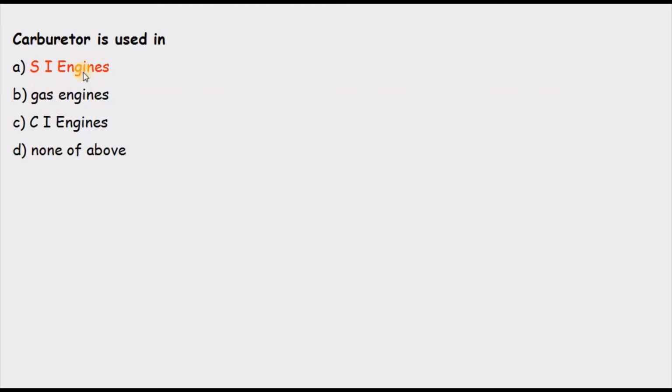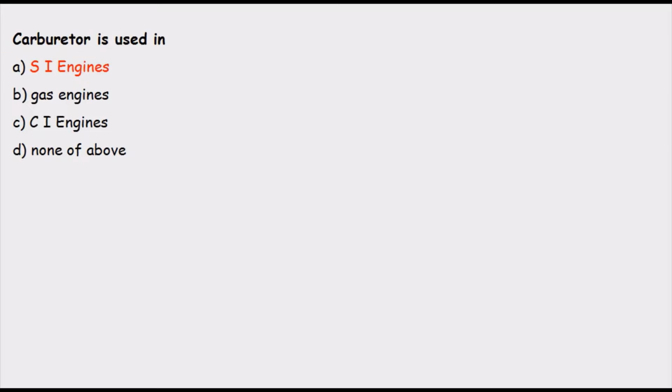In SI engines, that is spark ignition engines, the spark is going to ignite the mixture, and the requirement for igniting the mixture by a spark is that the quality of the mixture should be homogeneous in nature. That is, once we ignite the mixture at one corner, the flame should spread throughout the combustion chamber, and for that we have to ensure that the mixture is homogeneous.